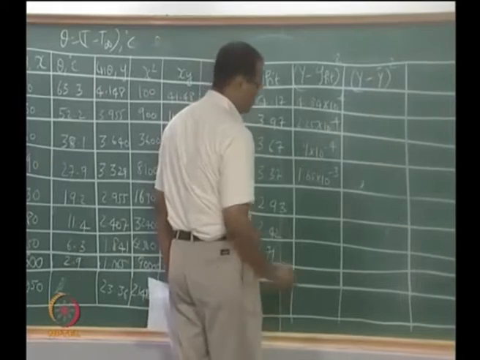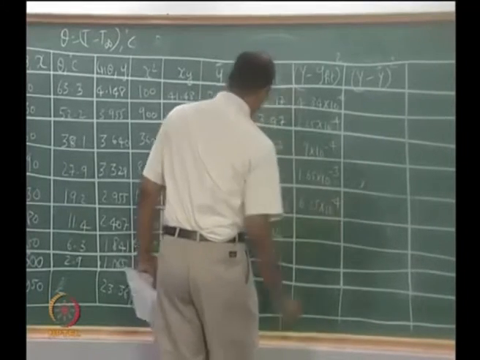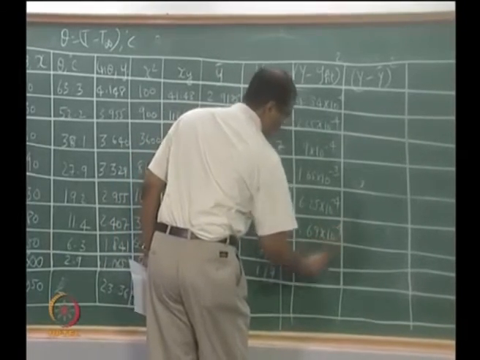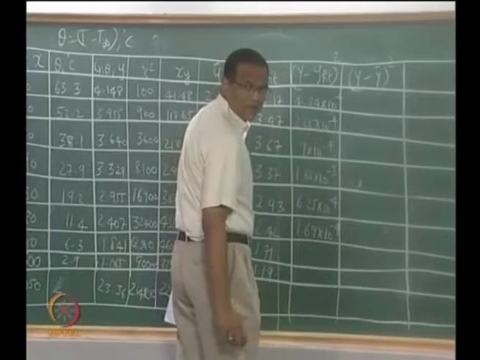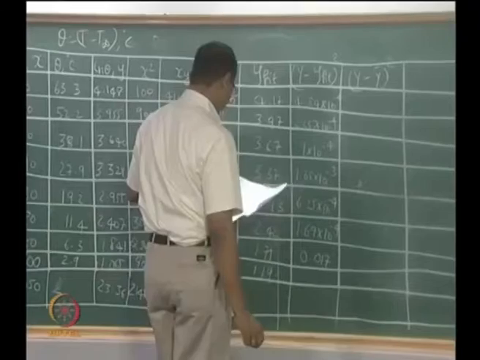Varun, 6.25 into 10 minus 4. 1.69 into 10 minus 4. 0.017, yeah. Last one, 0.0150, okay.